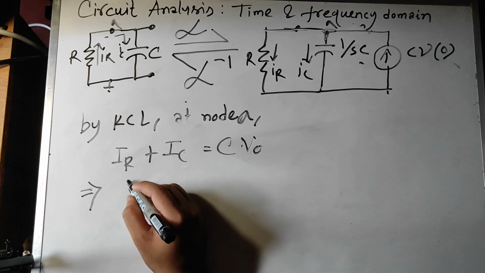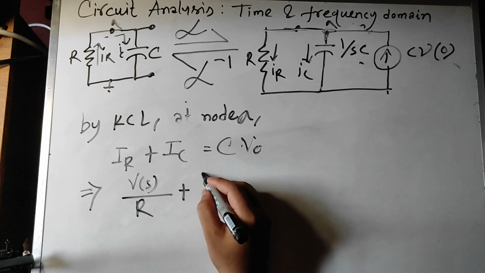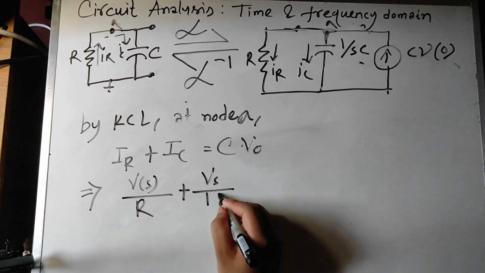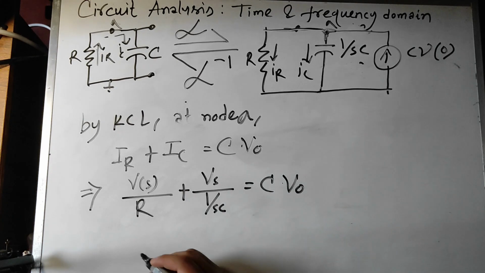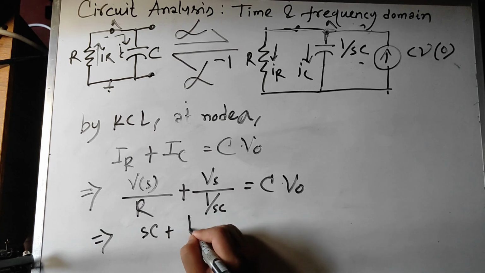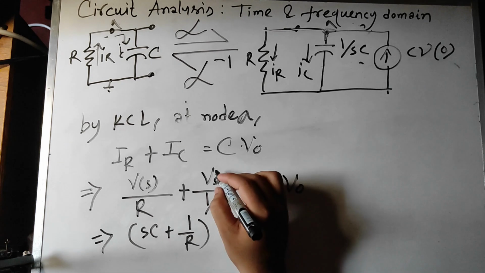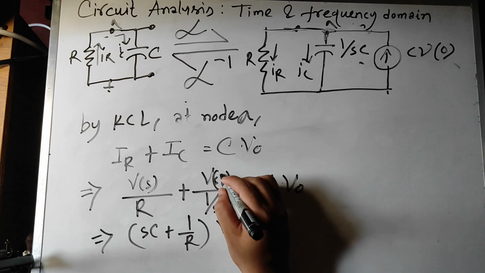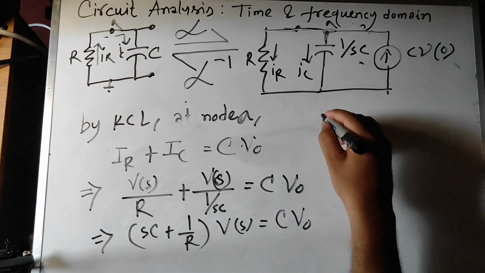From which we can get V(s) by R plus V(s) times 1 by Sc, equal to C Vo, which will give us (Sc plus 1 by R) V(s), which is equal to C Vo.